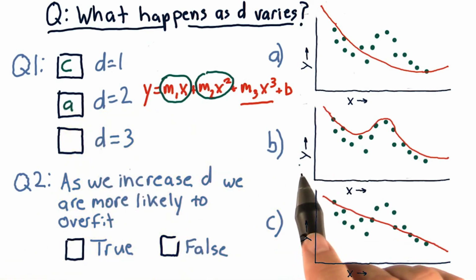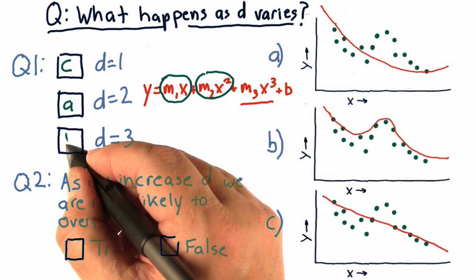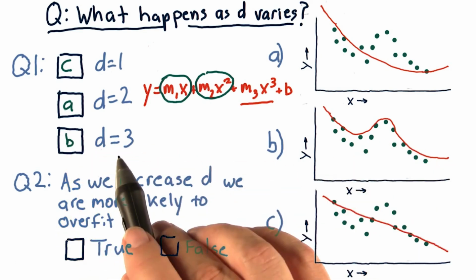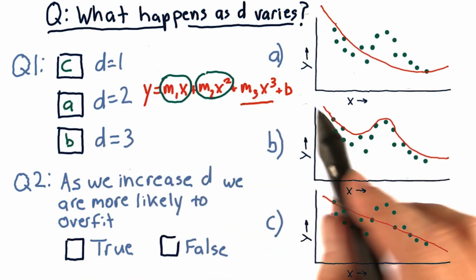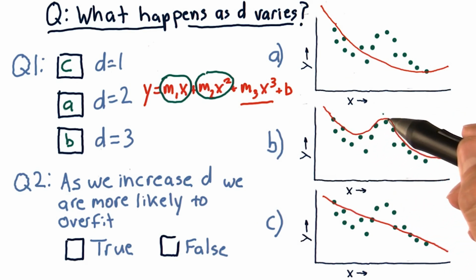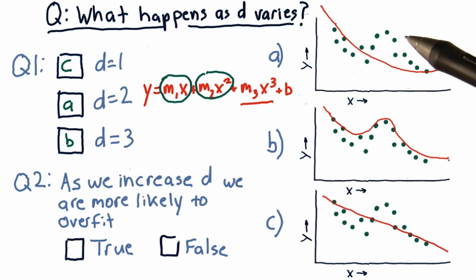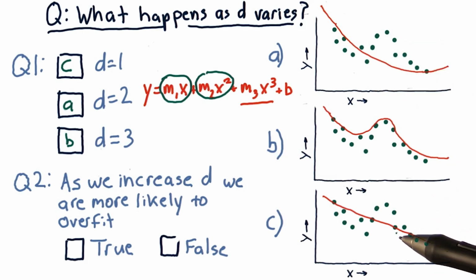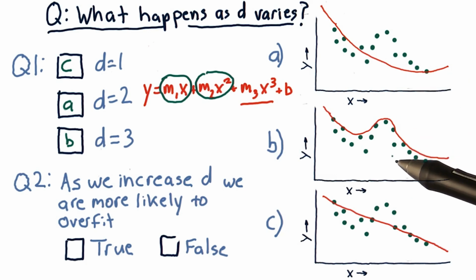And finally that leaves only B, but let's look at why that is. When we have a cubed component, we can get this additional curl in there. Now, as you notice, as we increase from order 1 to order 2 to order 3, we're gradually getting closer and closer to tagging the actual data.